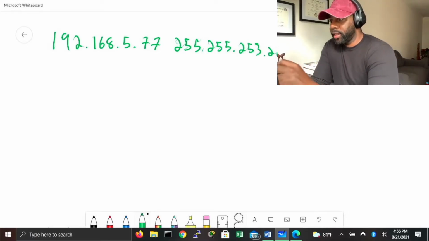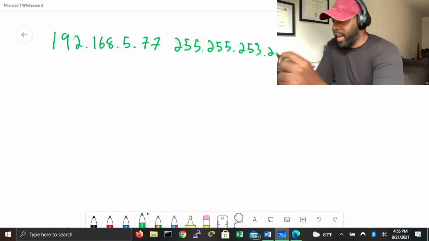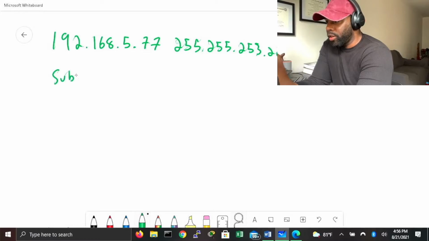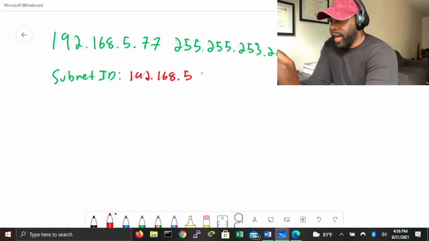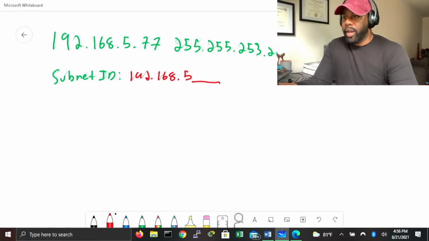It's pretty straightforward like the last one, so we could start to go a little bit faster. Subnet ID is going to be 192.168.5, and then we need to figure this last bit out.